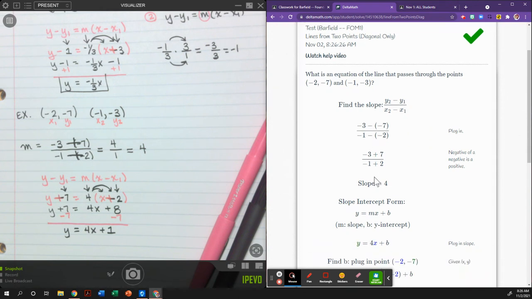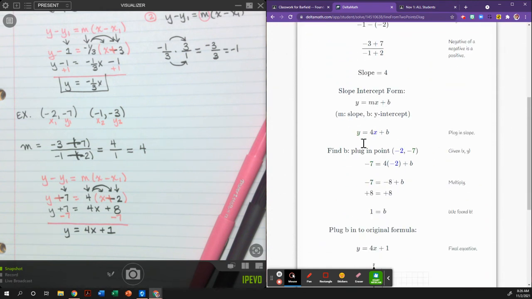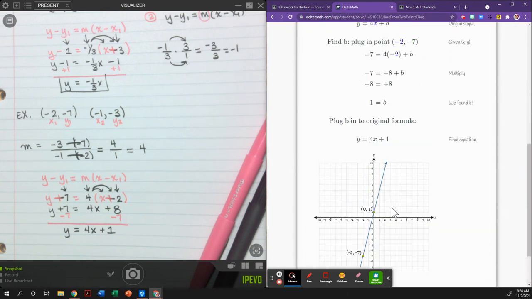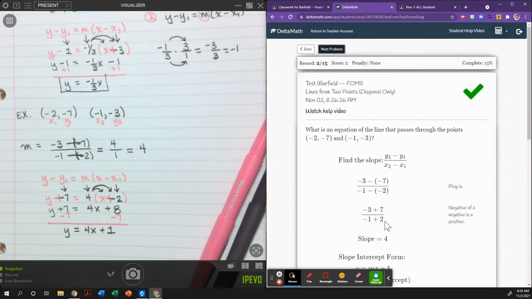I find my slope. They use what's called slope-intercept form to solve the problem. We use point slope form. And you need to practice with this method. This is my preferred method. So hopefully that helps. I'll record one more video with another example in it, so that way you've got lots of things to reference. Okay, good luck.